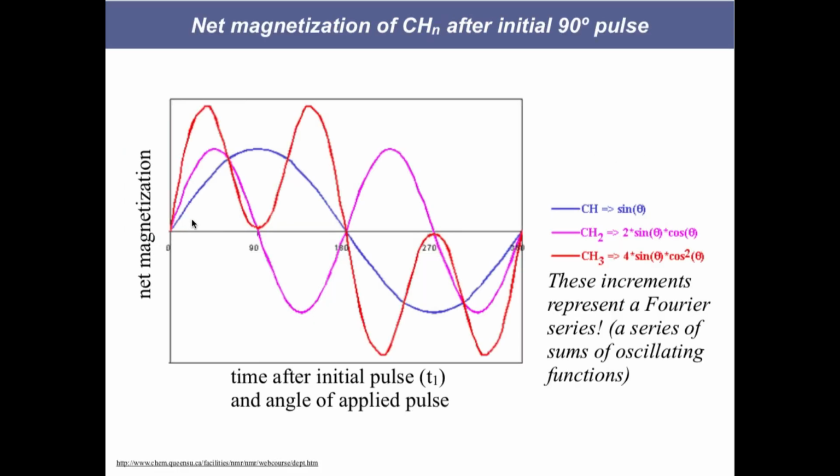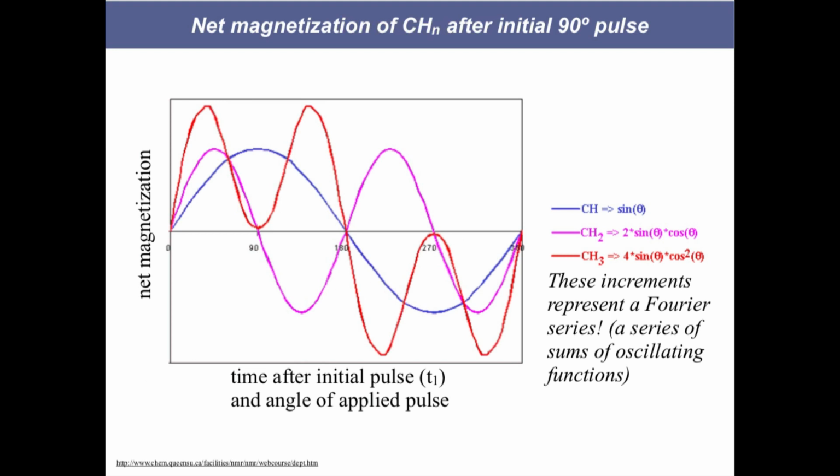Here I've plotted 3 graphs. Let's look at the blue line here. The blue line is the net magnetization over time for a carbon-13 bonded to a hydrogen, basically interacting with a hydrogen. That pattern you can see is a sine wave. It goes up and then back down and then back up.